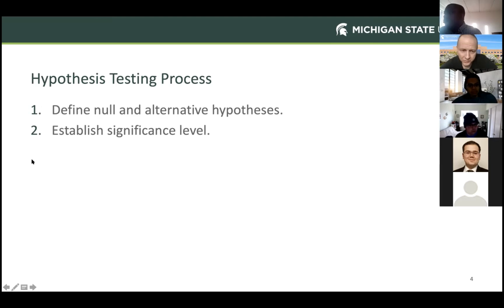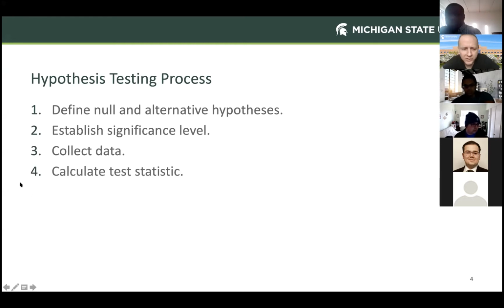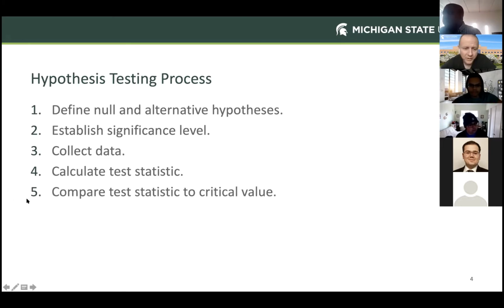Okay, so once we've established the significance level, we'd go out and collect data, or in the case of the exam, that data would be provided to you. We would calculate a test statistic, and we've gone through quite a few over the early stages of this course. Based on the result of that test statistic, we would compare that to our critical value, which is linked explicitly with that significance level. And then we would want to draw conclusions as to what that means.